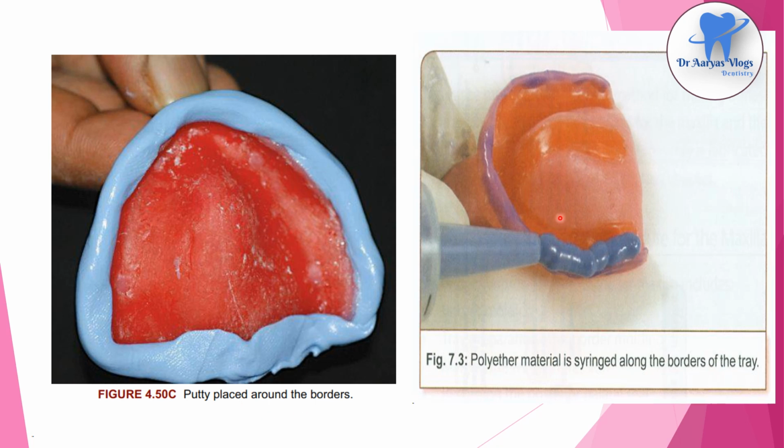Here polyether material is syringed along the borders of the tray. For polyether impression material, it is mixed using less catalyst to increase the working time. The mix is then loaded in the syringe and the material is syringed along the borders of the tray and contoured using wet fingers.